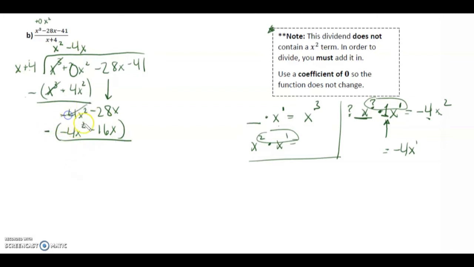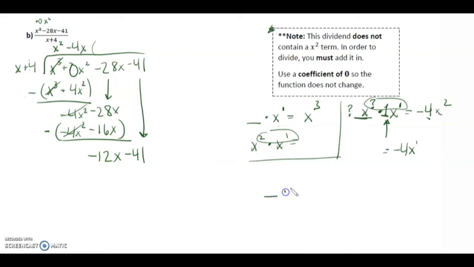Okay. The first terms cancel. And the second terms, negative 28 minus negative 16, I get negative 12x. And go ahead and bring down the negative 41. Okay, so what number times x is going to give us negative 12x?